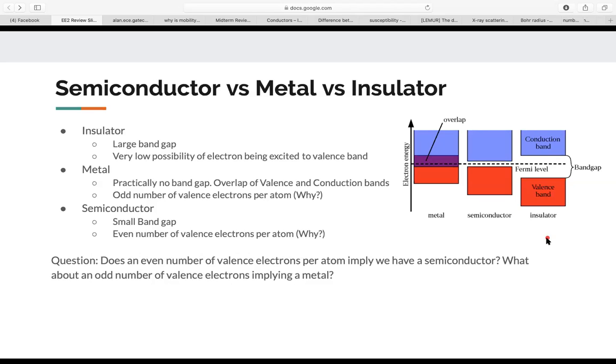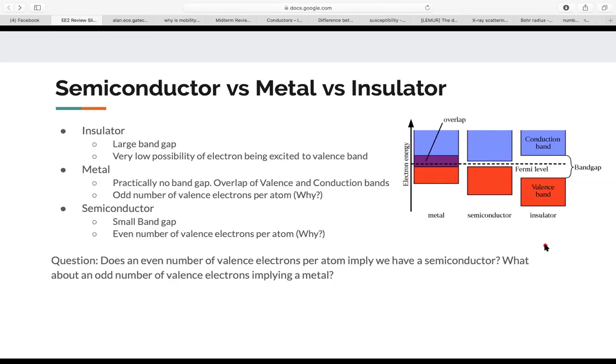It's free to roam around. So when these metals with an odd number of valence electrons start to coalesce into a lattice structure, they're not able to find a home for these odd electrons, and so they float around these atoms, without a shell to bond with, and that essentially creates a conduction band, because you just have a bunch of free electrons.